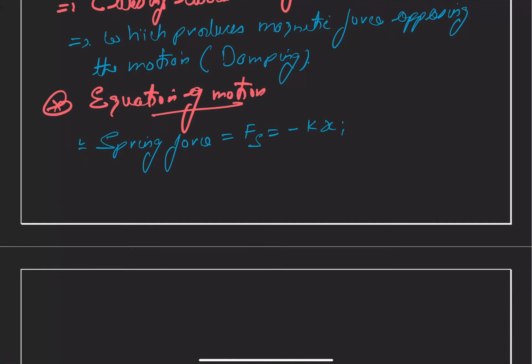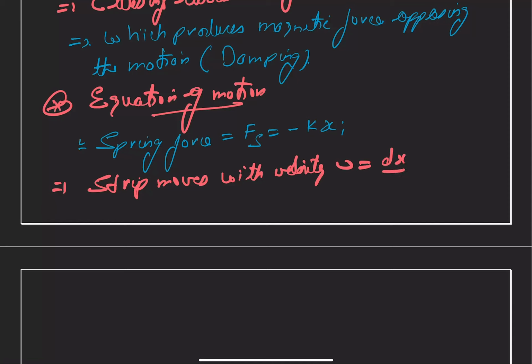And if we say that the strip moves with the velocity v, then that v can be written as dx by dt.